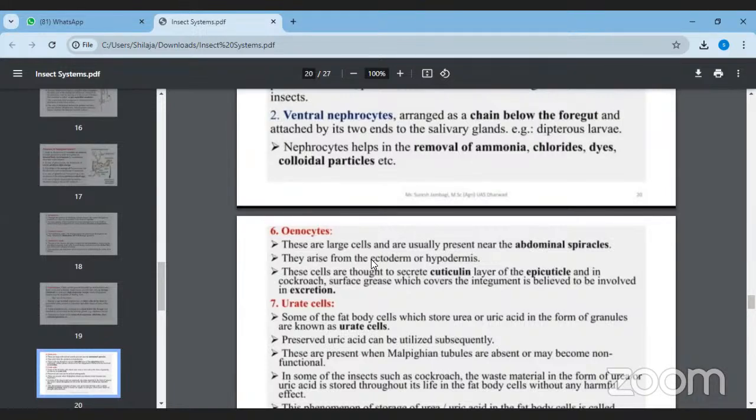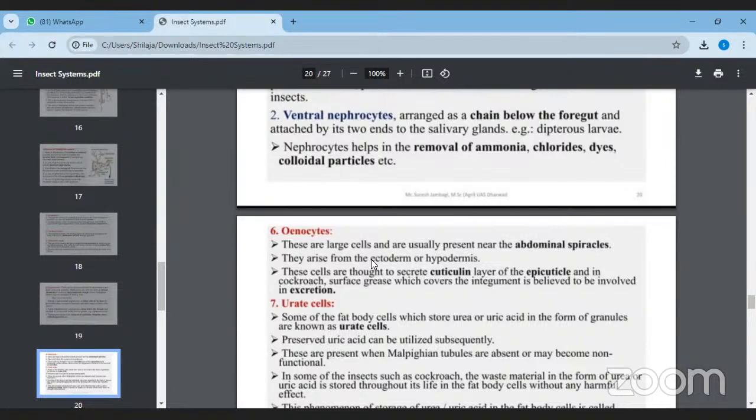These are large cells, and they are thought to secrete the cuticulin layer of the epicuticle, and in cockroach, the surface grease which covers the integument is believed to be involved in excretion.